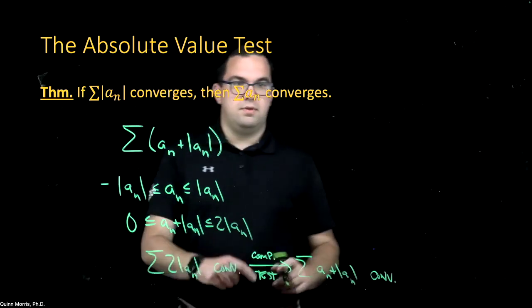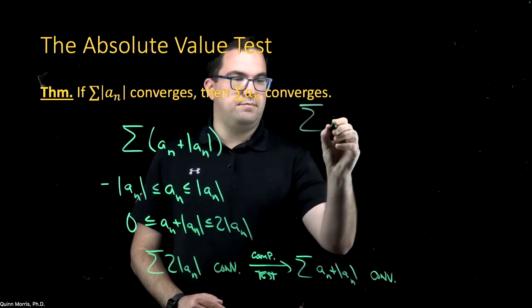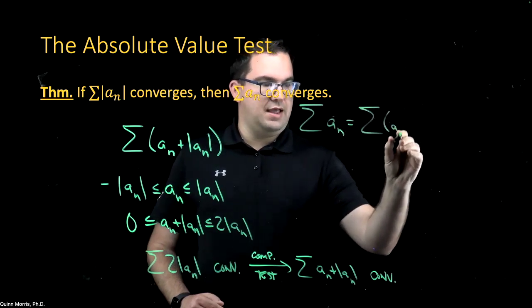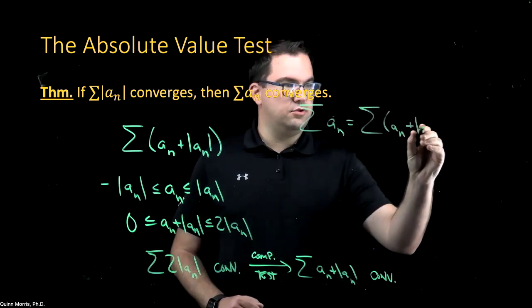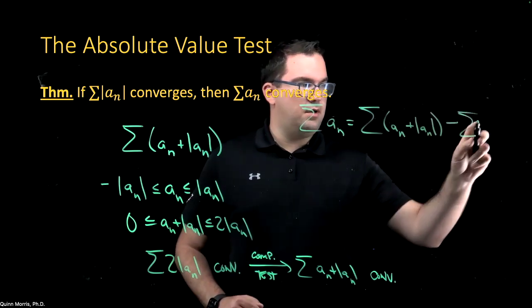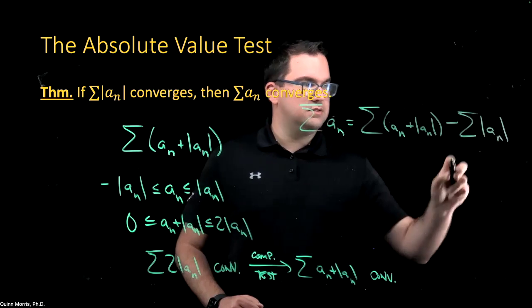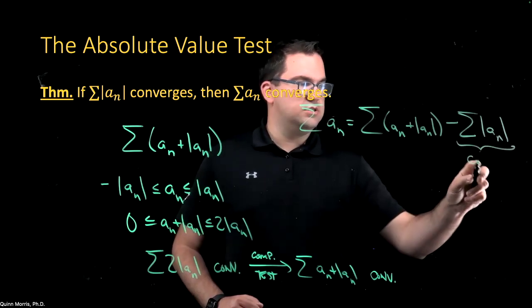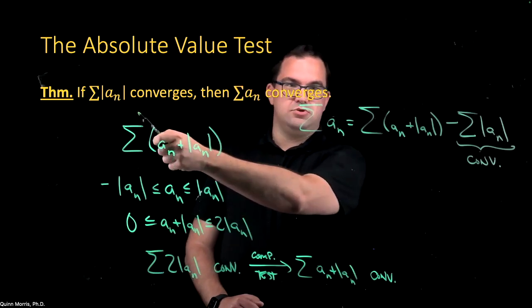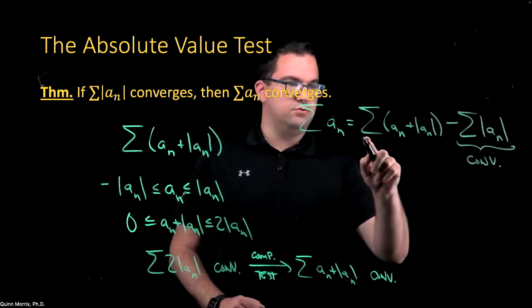But then I can write the sum of the a_n's as the sum of a_n plus the absolute value of a_n, minus the sum of the absolute value of a_n's. But now this converges by hypothesis, right? I'm assuming here that the sum of the a_n's converges.